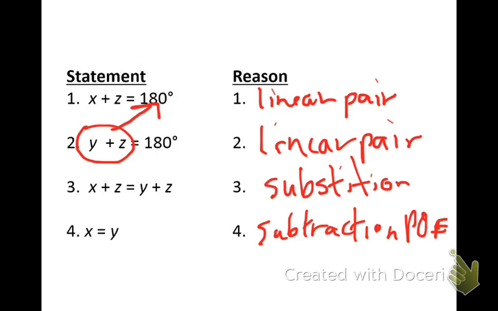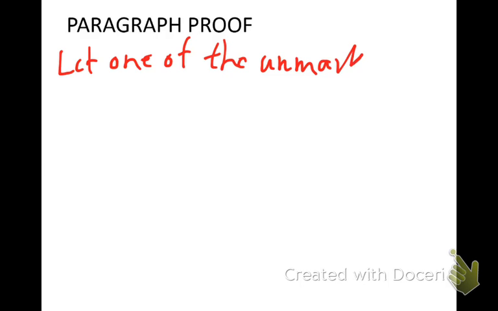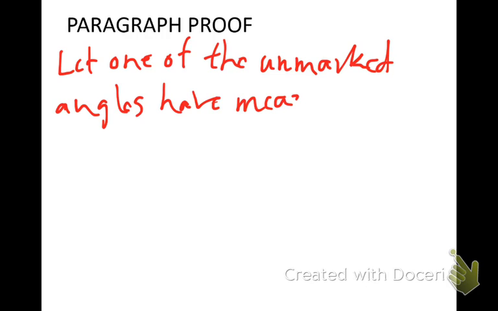Let's look at this as a paragraph proof. If I were to write this as a paragraph proof, I could do it as follows. I would say, let one of the unmarked angles have a measure z.